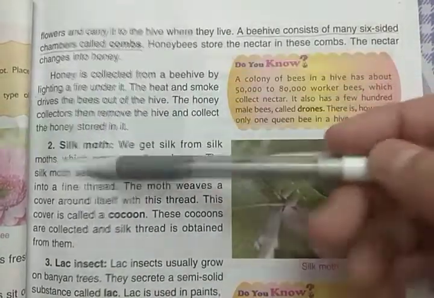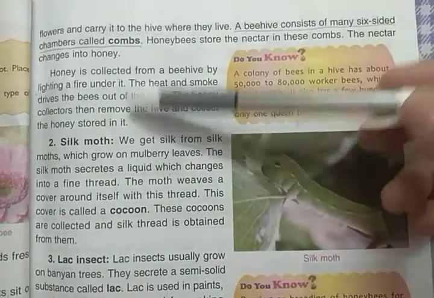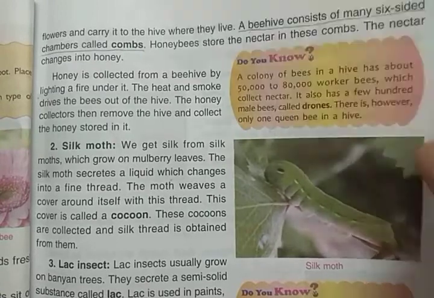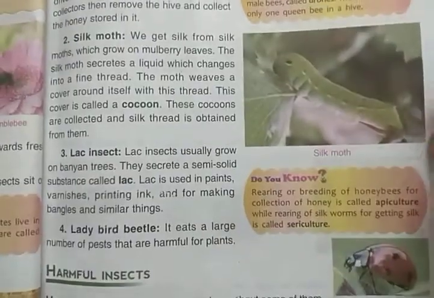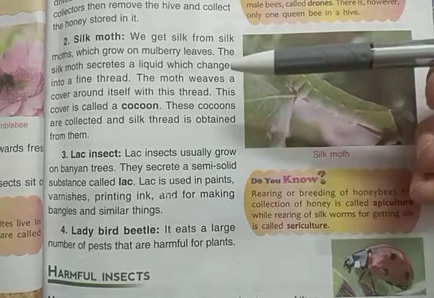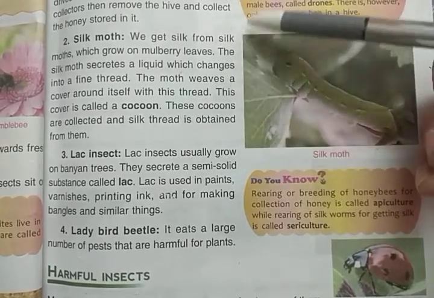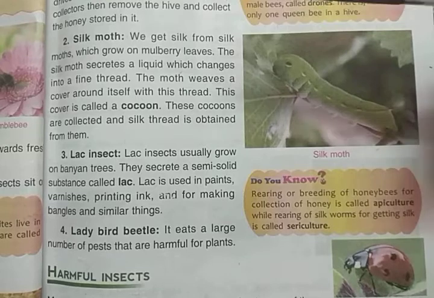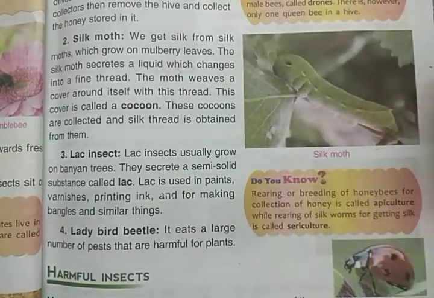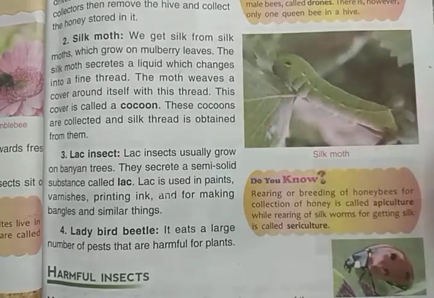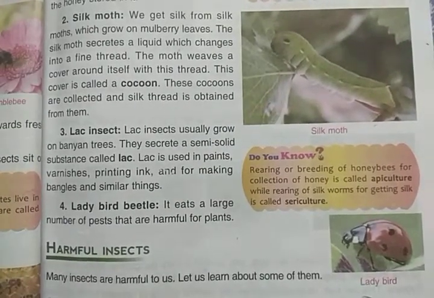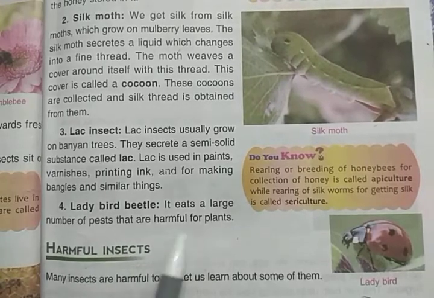Then silk moths give us silk. And lac insects give us lac, which is used in paints, varnishes, printing ink, and for making bangles and similar things. And the ladybird beetle eats a large number of pests that are harmful for plants.